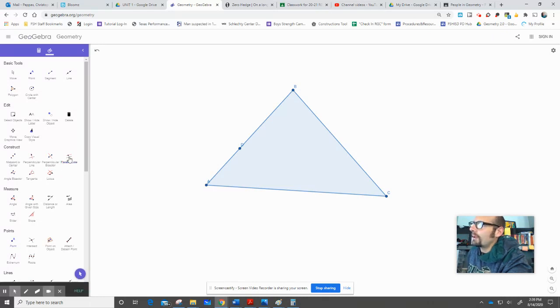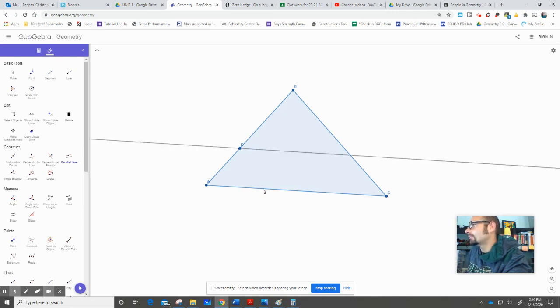Okay. So we're going to do a parallel line. It's going to ask you, I know you can't see down here, to select a point and then a parallel line. So I'm going to hit point D, so it goes through point D, and I'm going to hit AC, which is the line it's going to be parallel to.